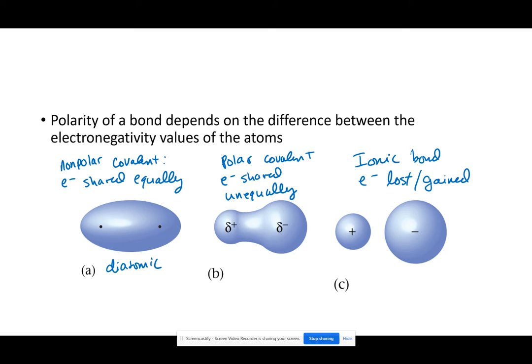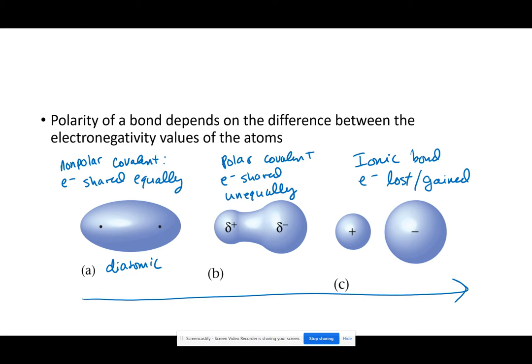So what's important to understand is that this is a continuum. There's not a hard cutoff for what makes something nonpolar versus polar versus ionic. As the electronegativity difference between the atoms gets bigger and bigger, the polarity gets stronger and stronger until eventually it's not even polar anymore. The electrons aren't being shared anymore.